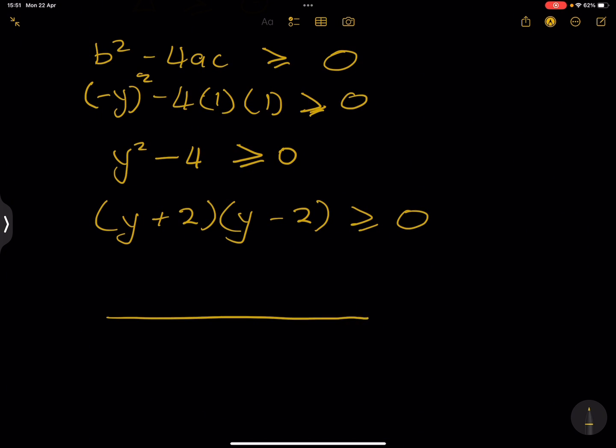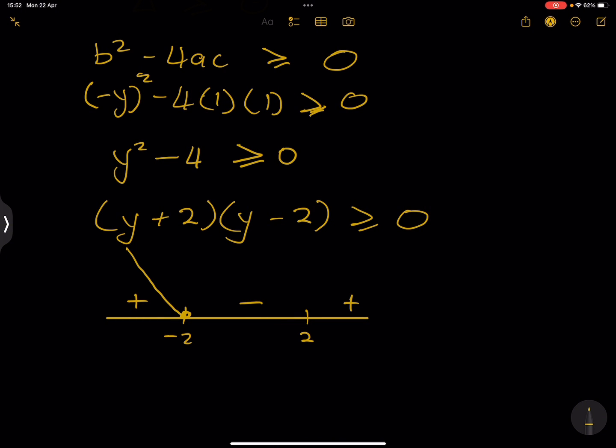Now note, if we were to plot this as a quadratic function, or as a parabola, where would we in this case have positive values? So this would be plus minus plus, so that means negative 2 would be included, right?